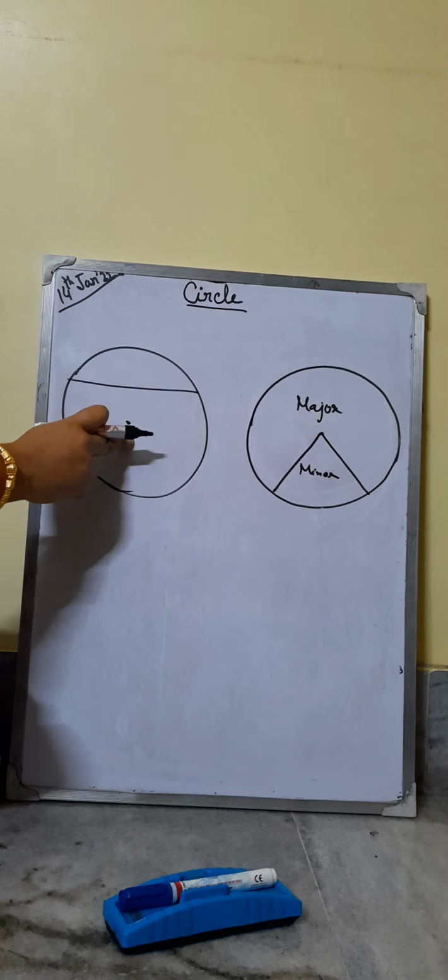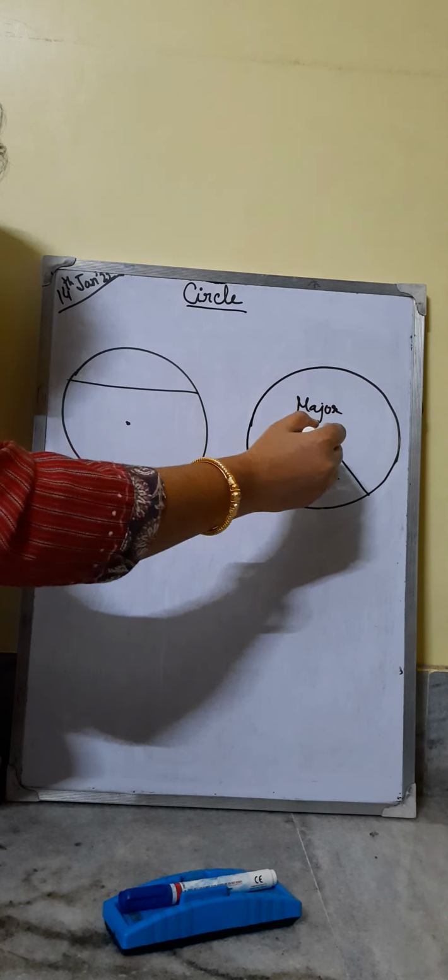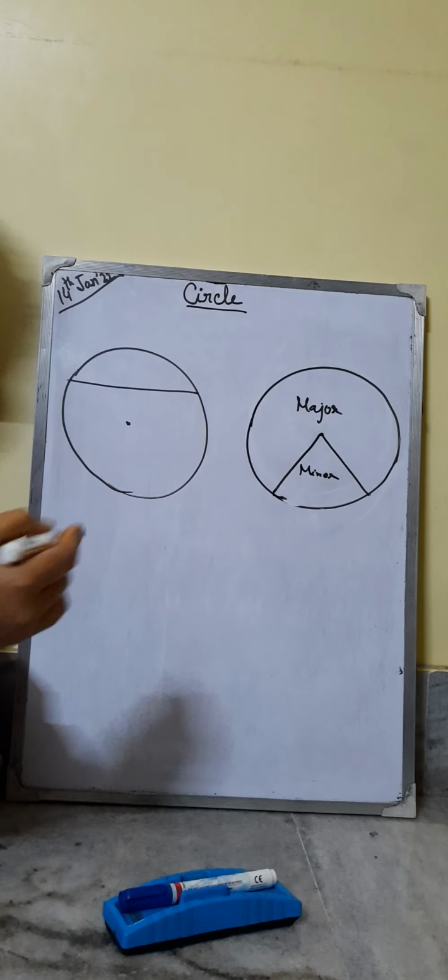Now, next is what is the angle subtended by an arc. The angle made at the center of the circle by the two bounding radii of an arc of a circle is called the angle subtended by the arc. That means both are radii and this arc makes a region, right?